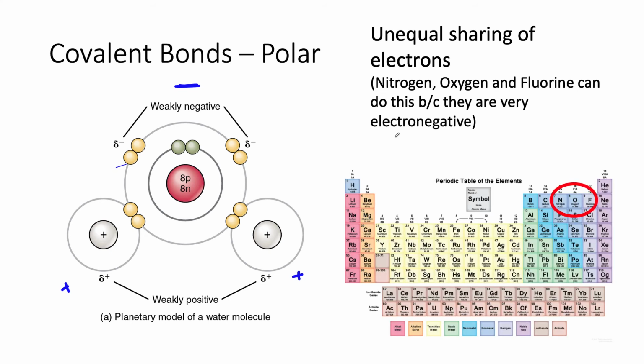So what does this mean? When you have something like H2O, which is water, you can actually cause bonds between molecules of water to form because of the attraction of positive and negative things. Remember, opposites attract.